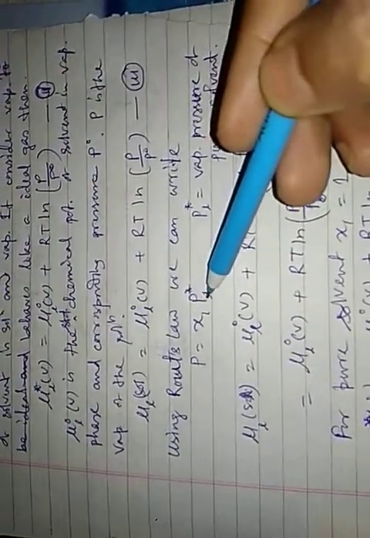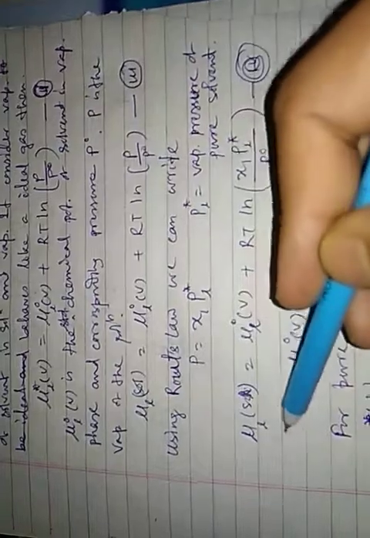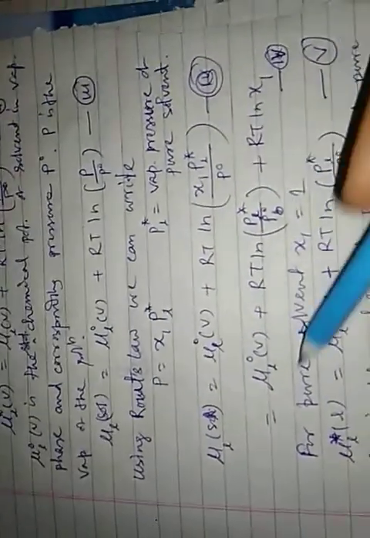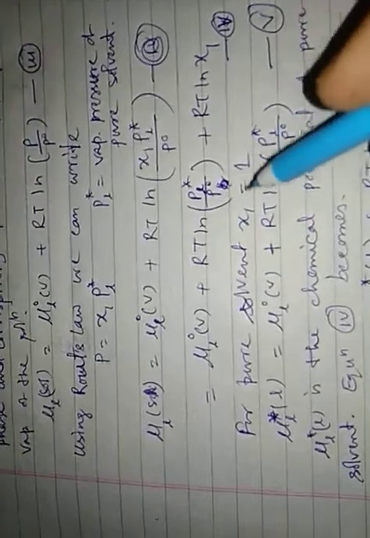So if I put x1 PL star in place of P, then mu L of the solvent in solution will become mu naught LV plus RT ln PL star by P naught plus RT ln x1.